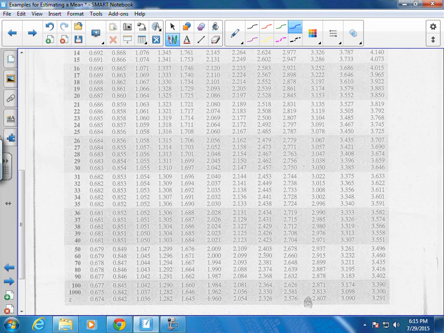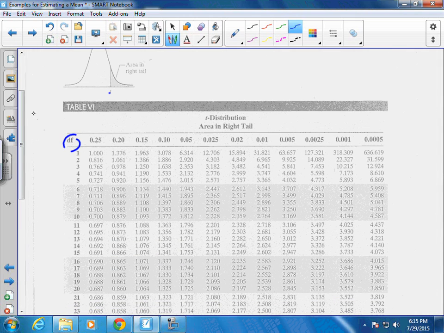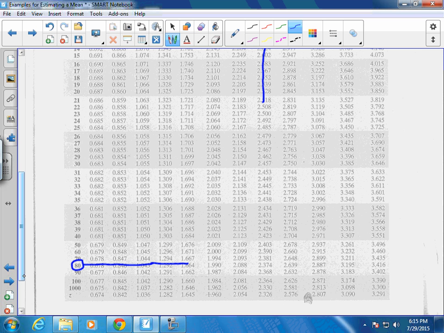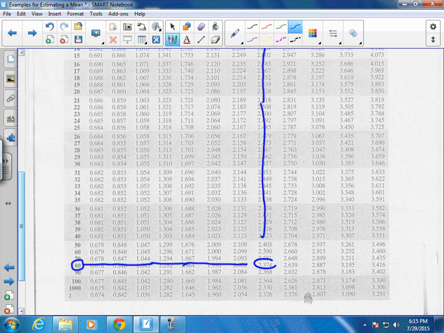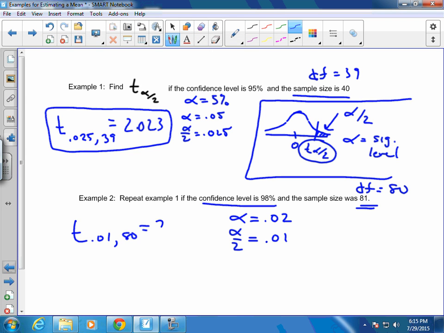All right, so for my 80 degrees of freedom, we're going to scan across, and we're looking for 0.01 as the tail area. And they meet at 2.374. So the critical t here would be 2.374.